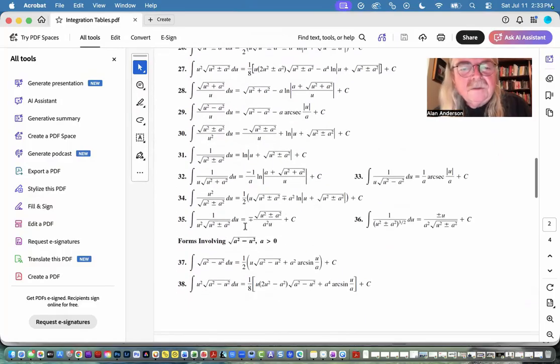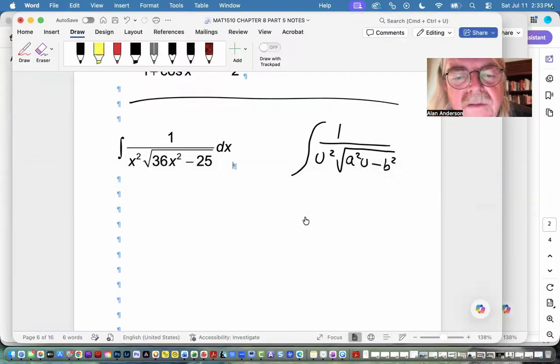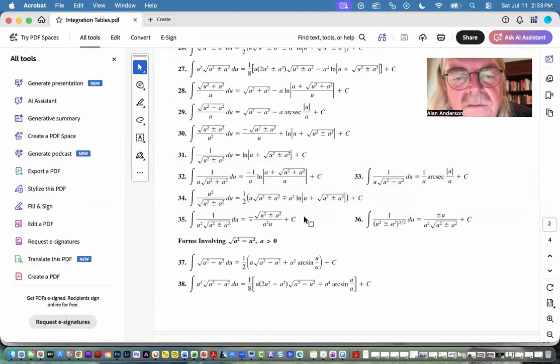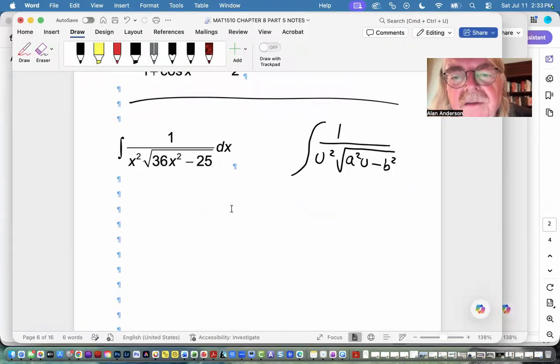Oh, I think we're getting close. I think it might be this one because it allows a plus and minus.